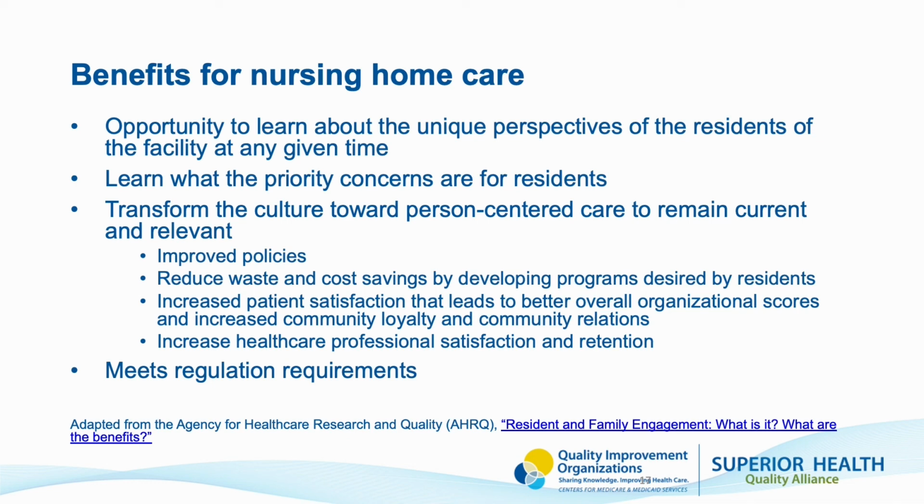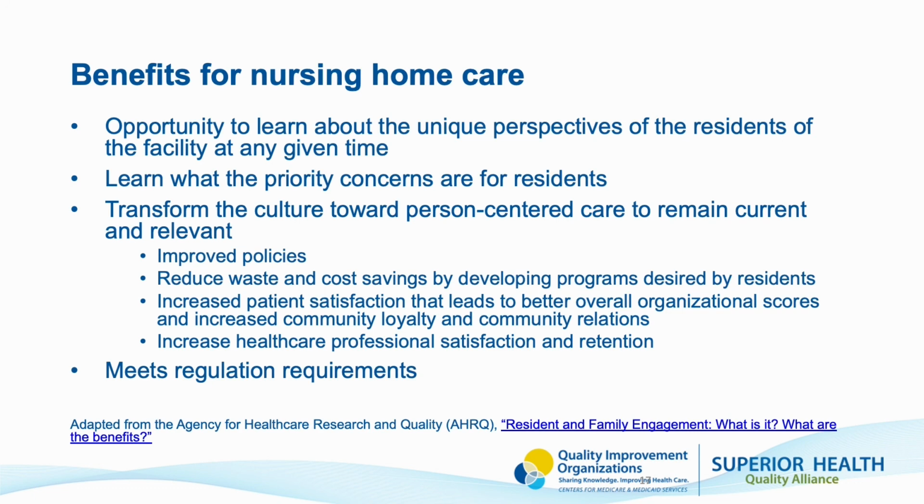Benefits for nursing home care help the facilities get things right, as it is an opportunity to learn about the unique perspectives of the residents of the facility at any given time. Learn what the priority concerns are for residents.